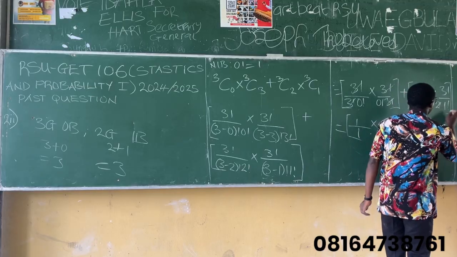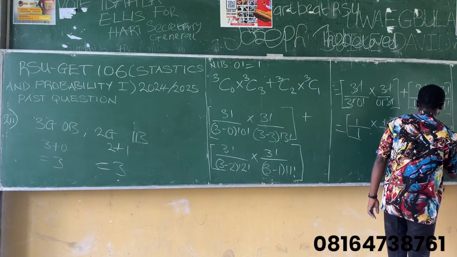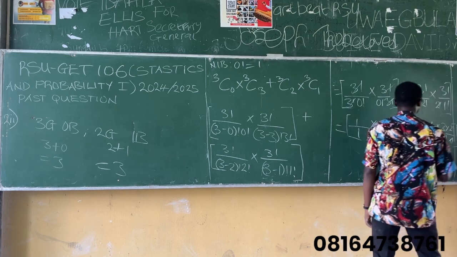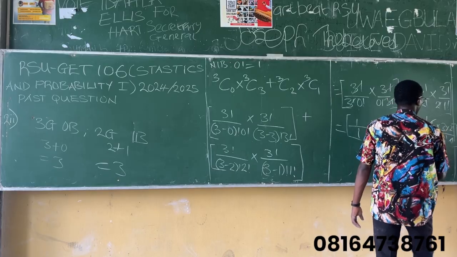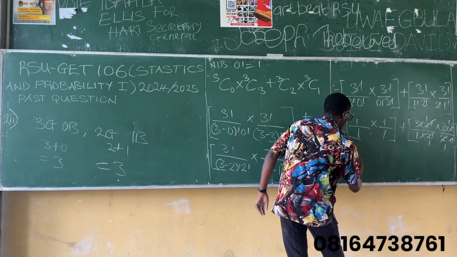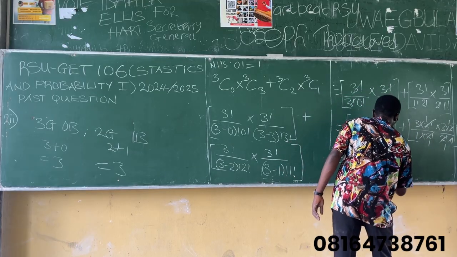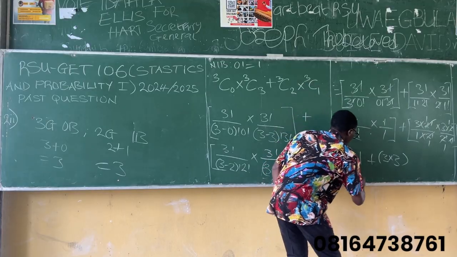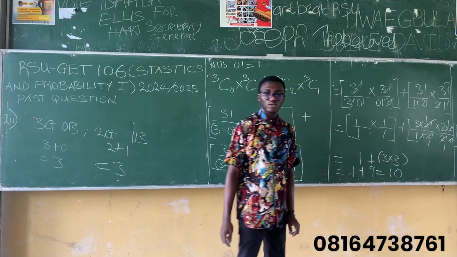And then we have 3 times 2 factorial once again, divided by 2 factorial times 1, because 1 factorial is 1. So we cancel this out, this is 1. We cancel this out, this is 1. So this is equal to 1 plus 3 times 3, which is equal to 1 plus 9, which is 10.